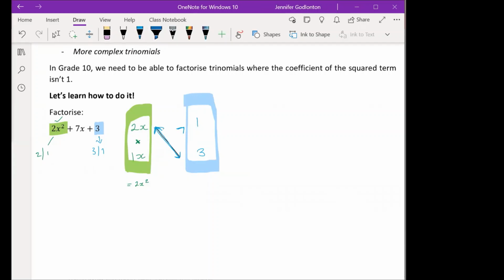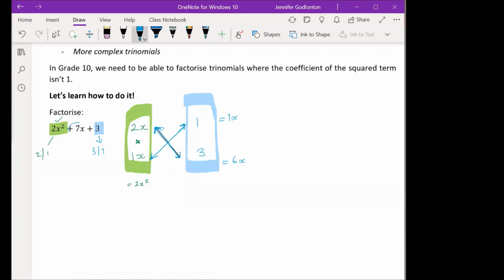I'm just going to draw it in as we talk about it. So I'm saying 2x times 3, that would give me 6x.